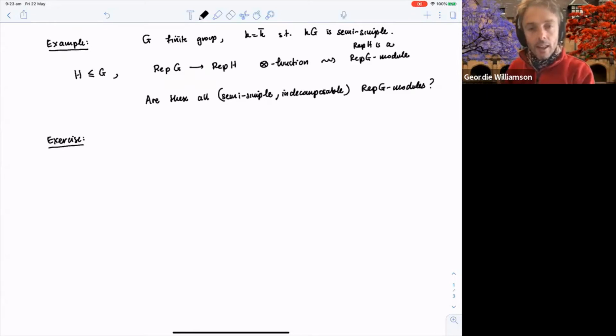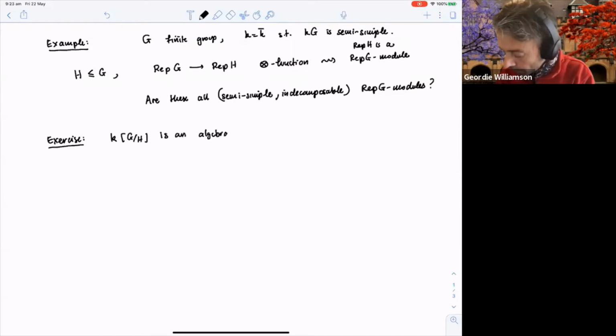And if our category is semi-simple, it's easy to see that this algebra should be semi-simple. So we're looking at semi-simple algebras with G action. And you can ask, what does this particular module category correspond to? The answer is, functions on G mod H is an algebra in rep G.